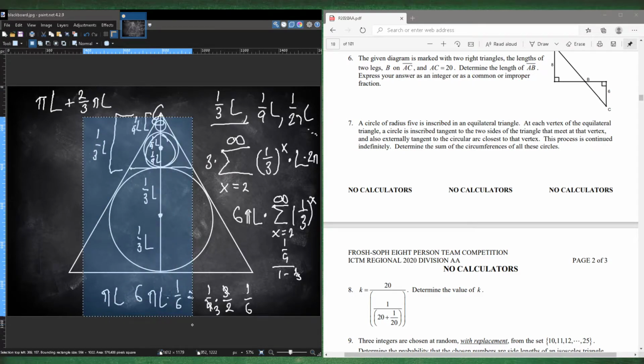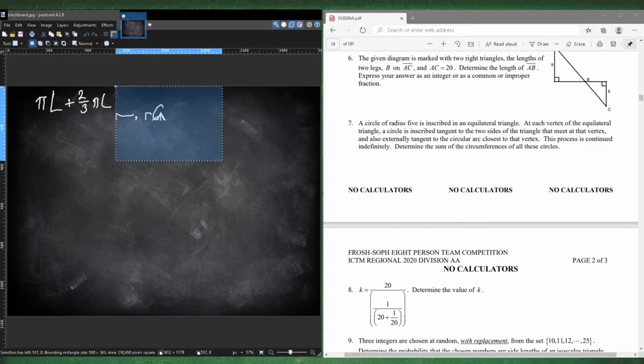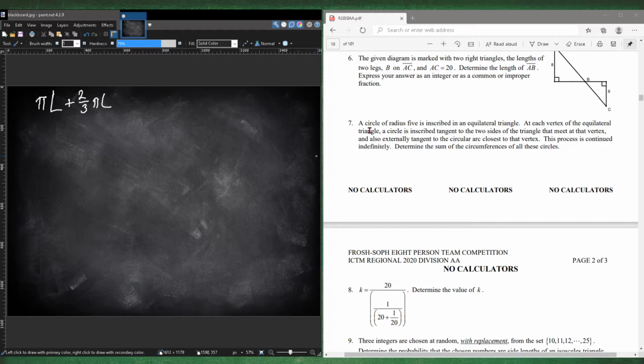Now we just need to find the length of this entire height. So how do we find that? Well, let's just delete all of this because we technically don't need it anymore. We just need to find the length. We know that the biggest circle has radius 5, because that's what's given in the question. So if we have an equilateral triangle, I'm just going to draw a general picture.